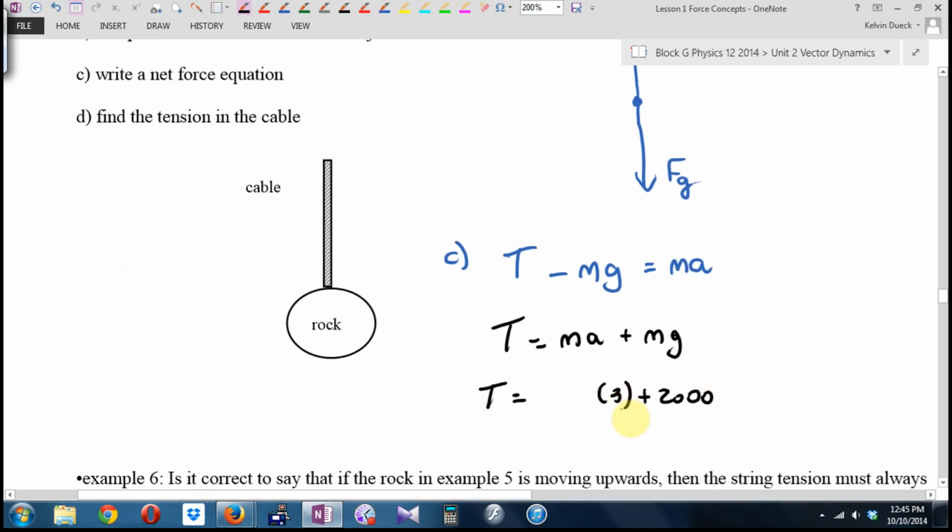If I know the weight, 2,000, how can I find the mass? I'm going to write 2,000 over 9.8, because if I have to do it once on my calculator, why don't I just do it in the equation, and that way I'm not rounding off at all.